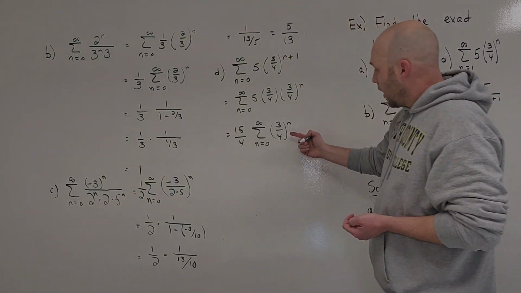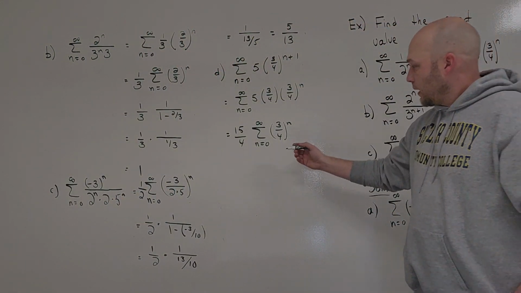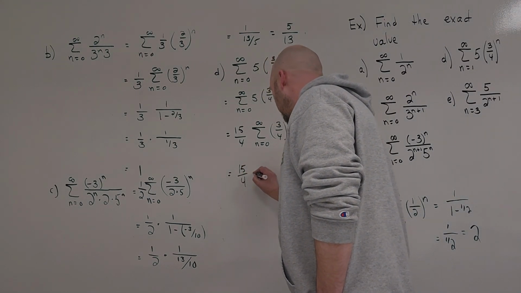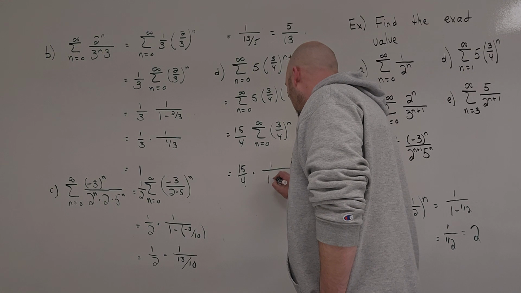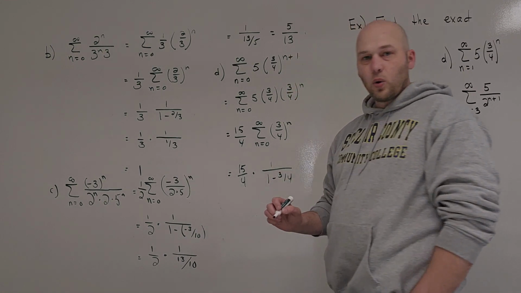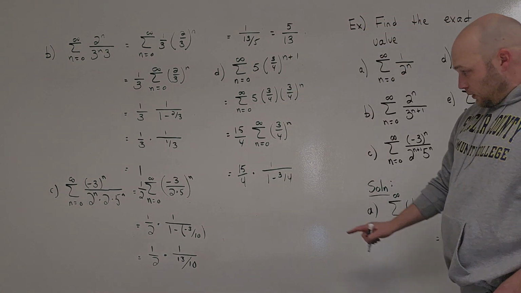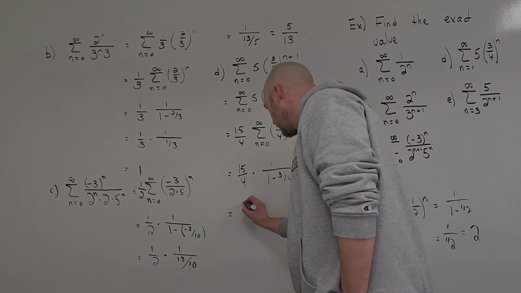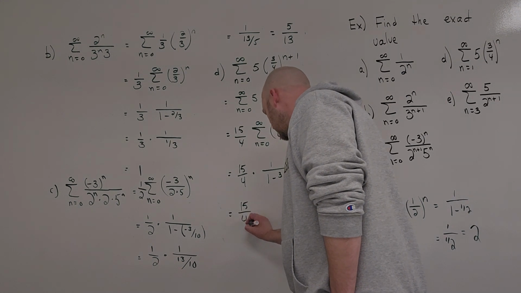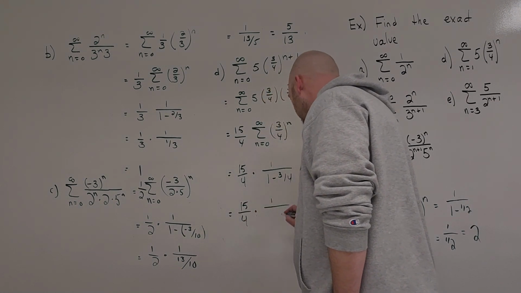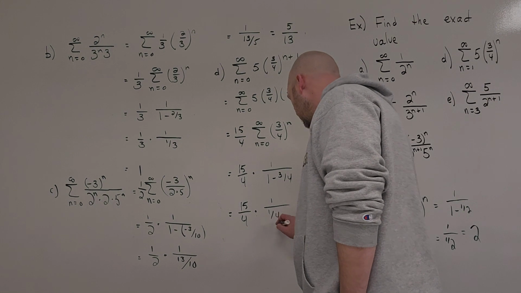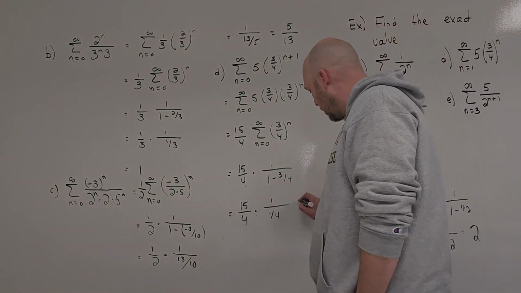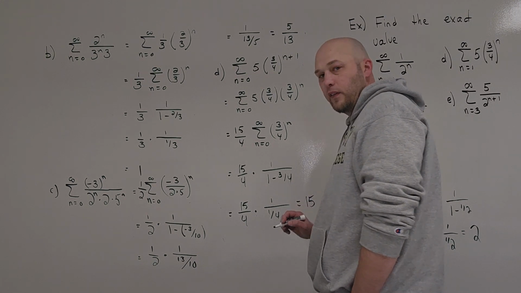Okay. r in this case is 3/4, and therefore this gives me 15/4 multiplied by 1 over 1 minus 3/4. 1 minus 3/4 would be 1/4. Therefore, when I multiply these fractions together, notice when I multiply 4 and 1/4, I get 1. On top, I get 15 times 1, which gives me a value of 15.